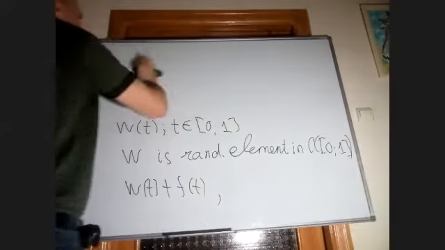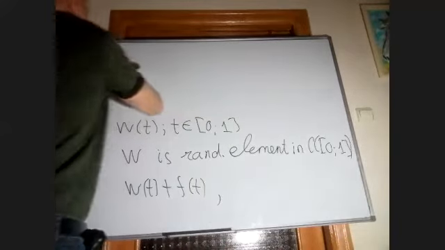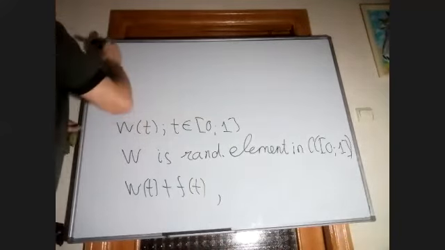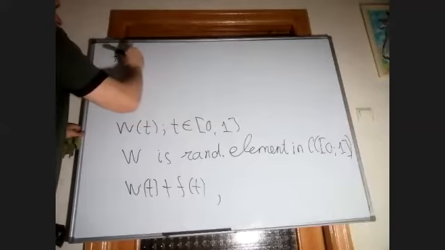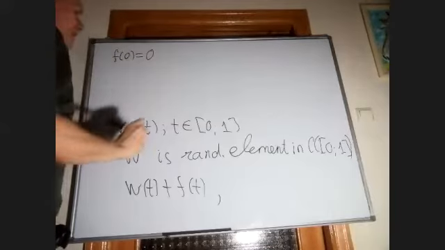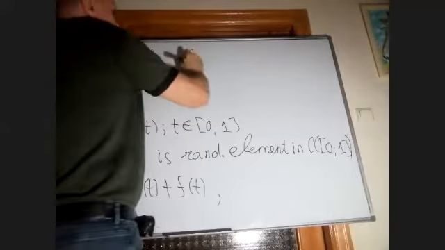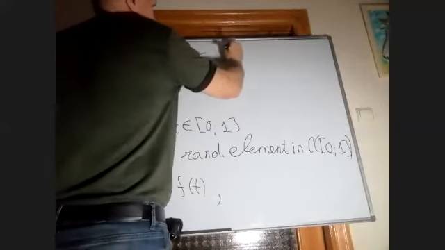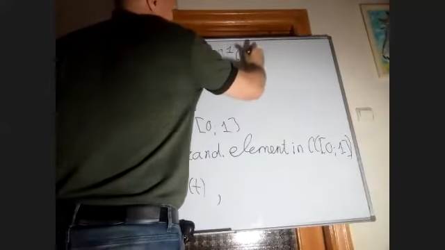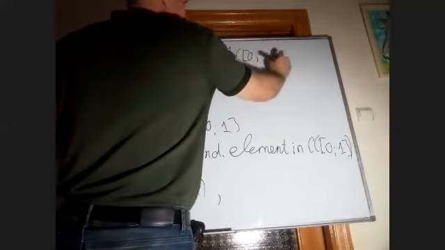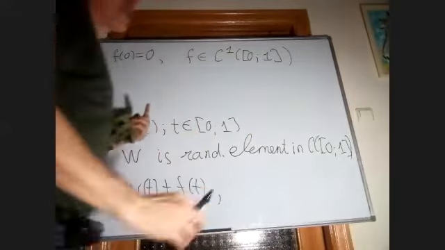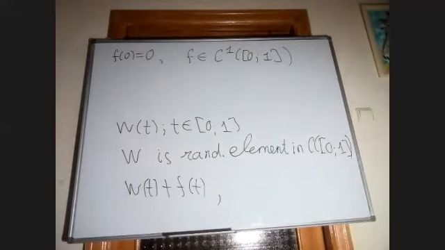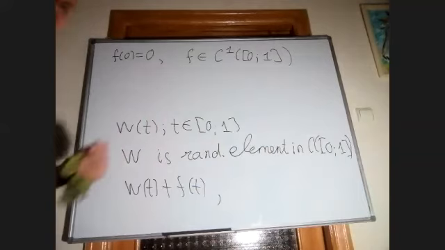Namely, f of 0 is equal to 0, and f belongs to C1[0,1]. Actually, it is natural even from the common point of view, because we already know that W has ugly trajectories.